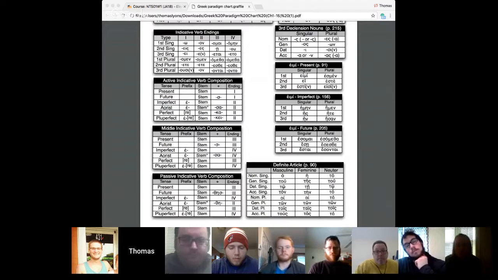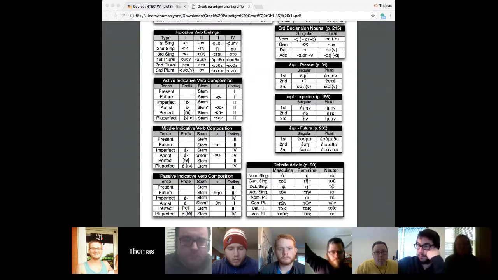Let's say that you hit a type 1 verb, a verb that has a type 1 ending. You go down the right-hand far column of the chart and you look for type 1 endings. You'll notice it only is present in the future. You see that? And then you move backwards and go, okay, what are the other differences? The only other difference is that sigma tense indicator. And so you can use these charts, if you memorize them, to help parse your verbs.